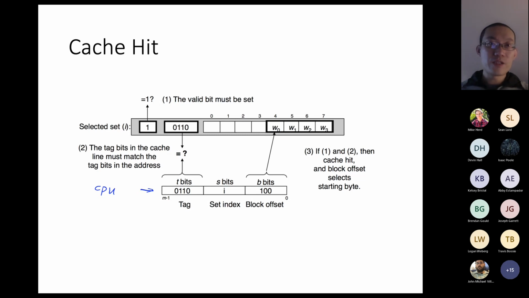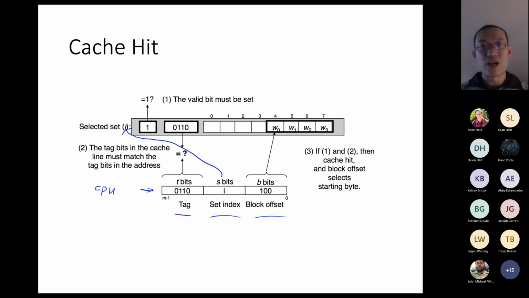Let's look at how we decide if this is a cache hit. For this address, you can see we divided the bits into 3 parts: the tag part, the set part, and the block offset part. And by using the s bits, we decide what set number we look at.